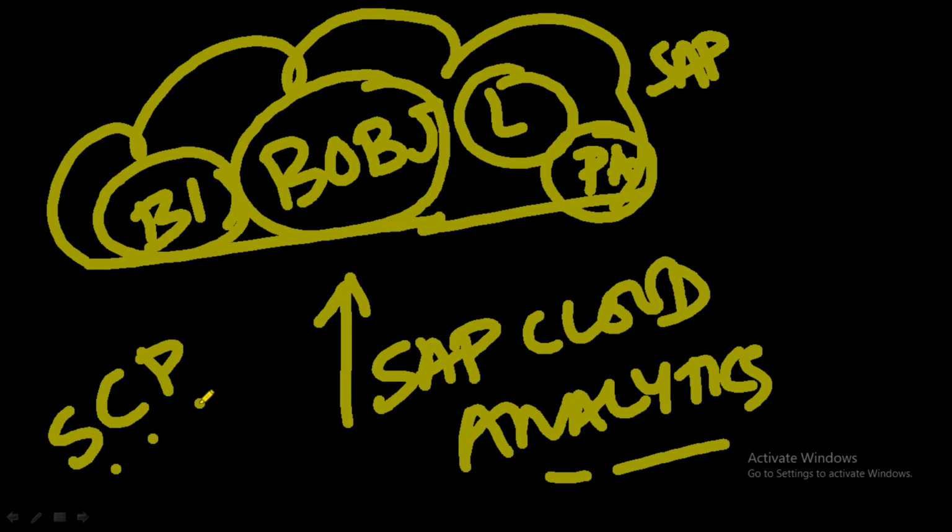The SAP Cloud Platform also offers exclusive SAP reporting tools bundled and packaged together in one cloud account, and then you can subscribe based upon what you need. I need only BobJ, I need only Lumira, I can subscribe to that, and I can connect to my ERP system and use these SAP reporting tools on the cloud for our analytics. So that is SAP Cloud for Analytics, right?